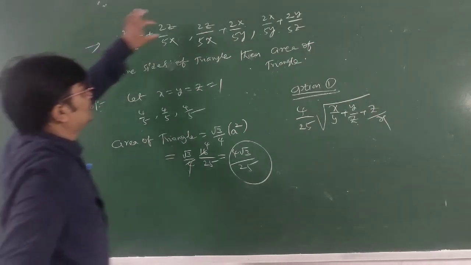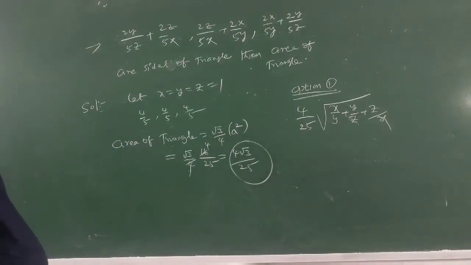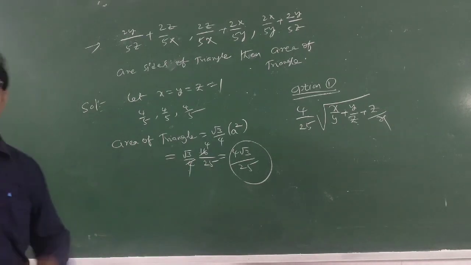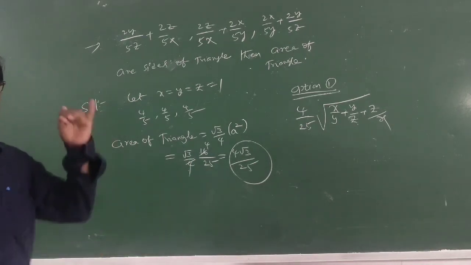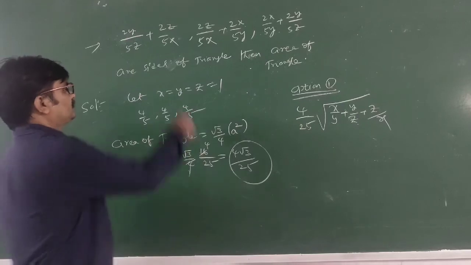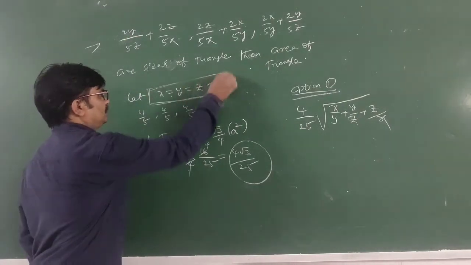Suppose if you are taking small a, small b and small c, then a plus b plus c is nothing but 2s. Then you can take the area of the triangle by the given formula, root of s into (s minus a) into (s minus b) into (s minus c). Undoubtedly students, it will be very difficult. So in the objective point of view, we have to take some suitable value for x for the easiest simplification.